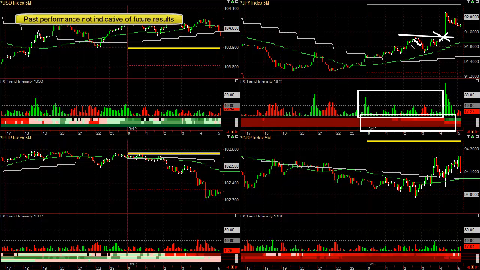It's exploding up. It's the strongest of the 2 between the dollar and the yen in real time.